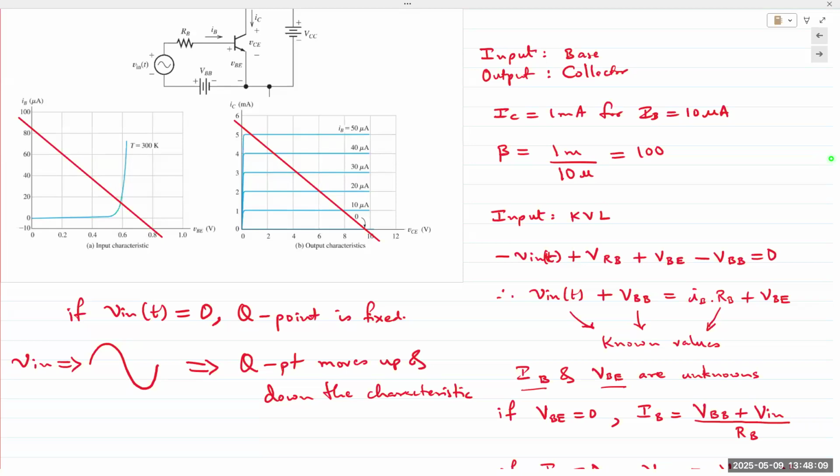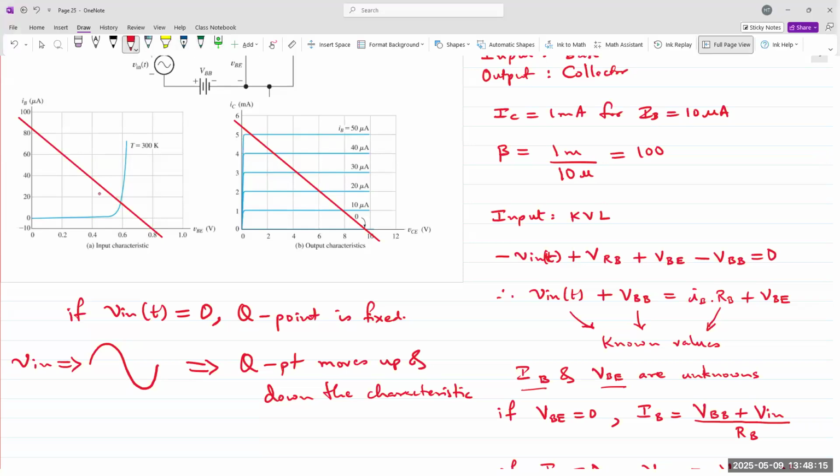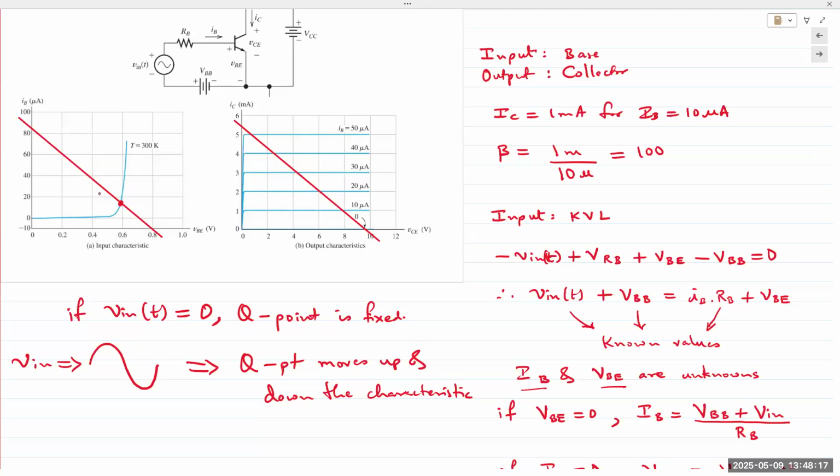The intersection point, obviously, is the Q point on the input side. This intersection point is the Q point, which would be the same thing on the output side also. That intersection is the Q point.